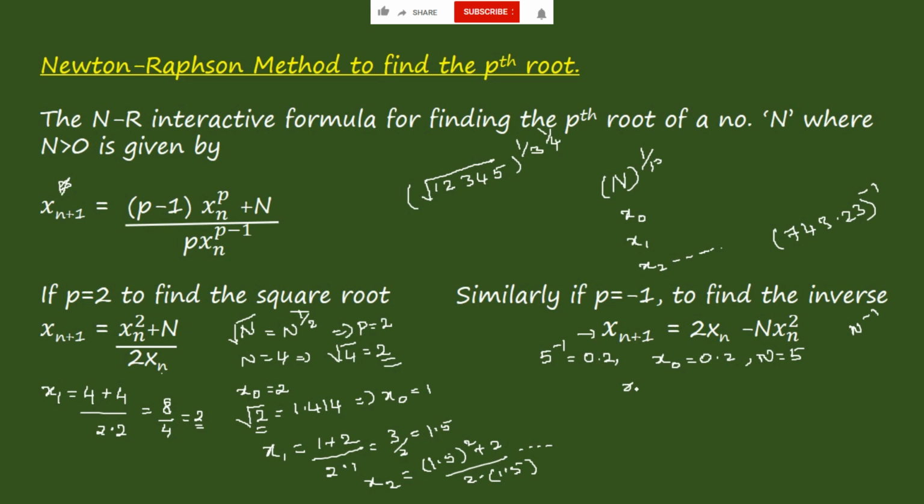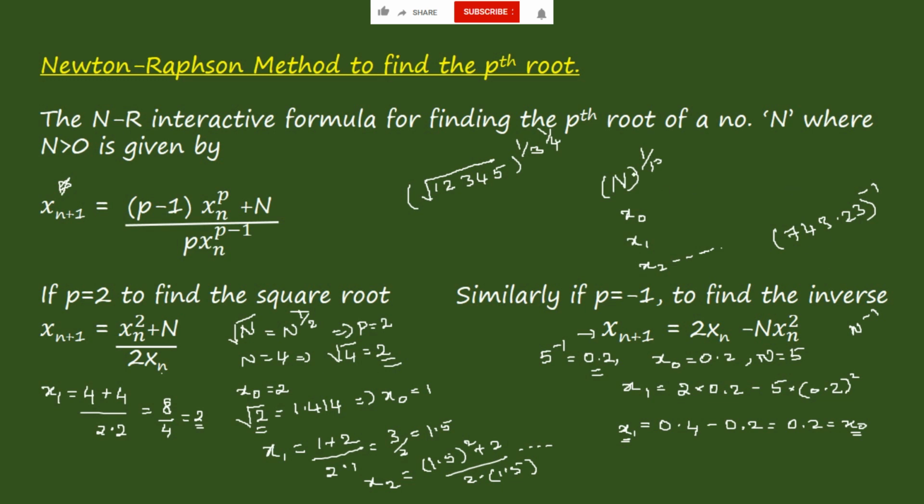Now use the formula x of 1 is equal to 2 into x naught, the initial value, 0.2, minus 5 into 0.2 square, which is equal to 0.4 minus 0.2, which is equal to 0.2, which is equal to x naught. So x1 is equal to x naught. So the inverse of the number is 0.2 only, right?